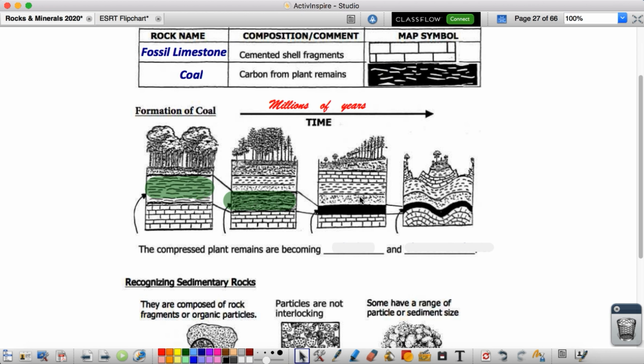And that's what eventually happens, and then it finally becomes coal. So over the course of these millions of years, the compressed plant matter becomes darker, denser, and shinier. And it eventually winds up being the bituminous coal that is used as a fuel.